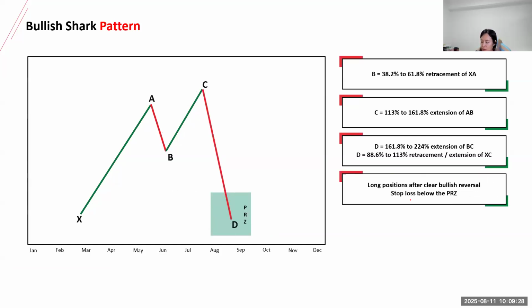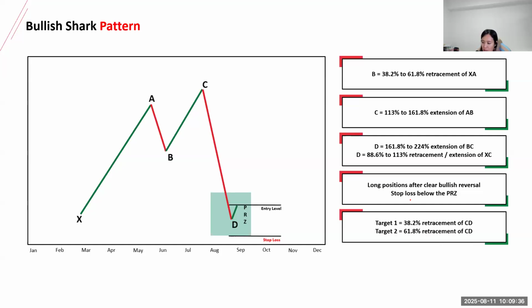Take profit, you're going to buy. We see the reversal pattern. We put a buy entry, stop loss below the PRC zone, and the target will be retracement of CD at 38.2% for TP1 and 61.8% for TP2.